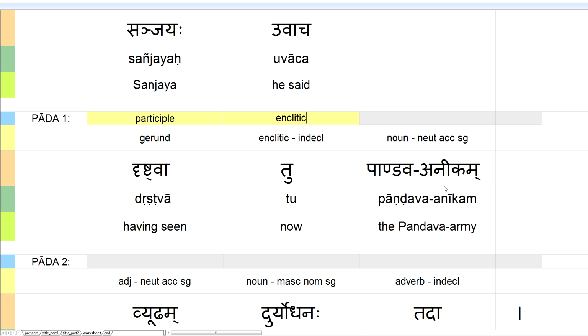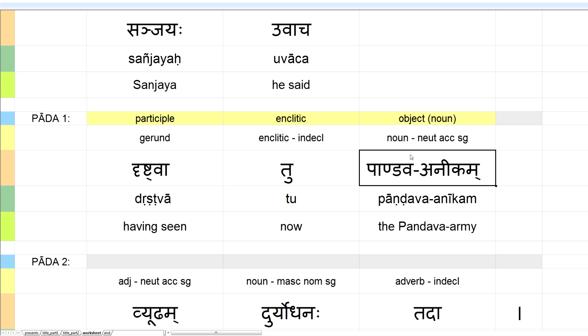Well, if we look at the verbs, we see that the best possibility is that drstva is actually the participle here that controls anikam, so that it becomes accusative. So this is the same clause here, and we are writing here object noun.